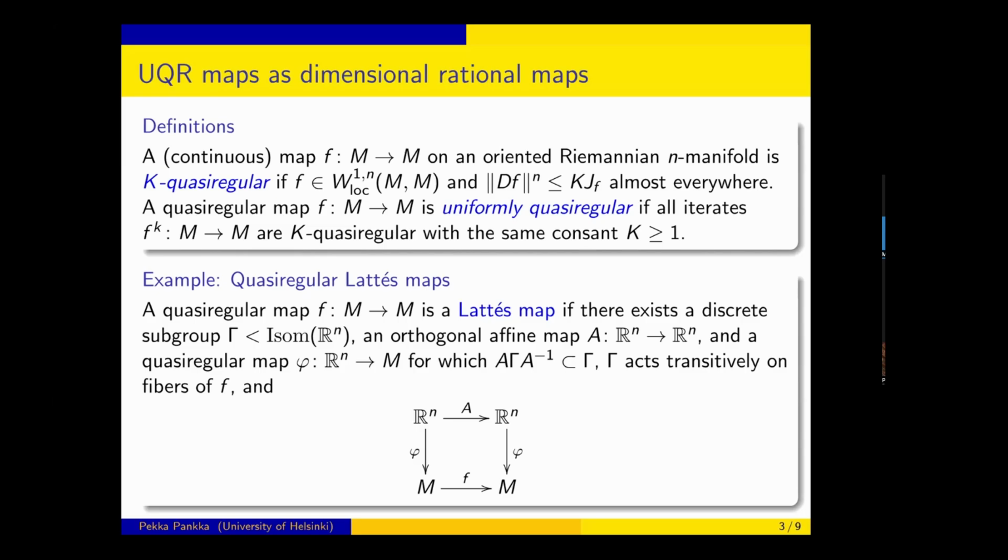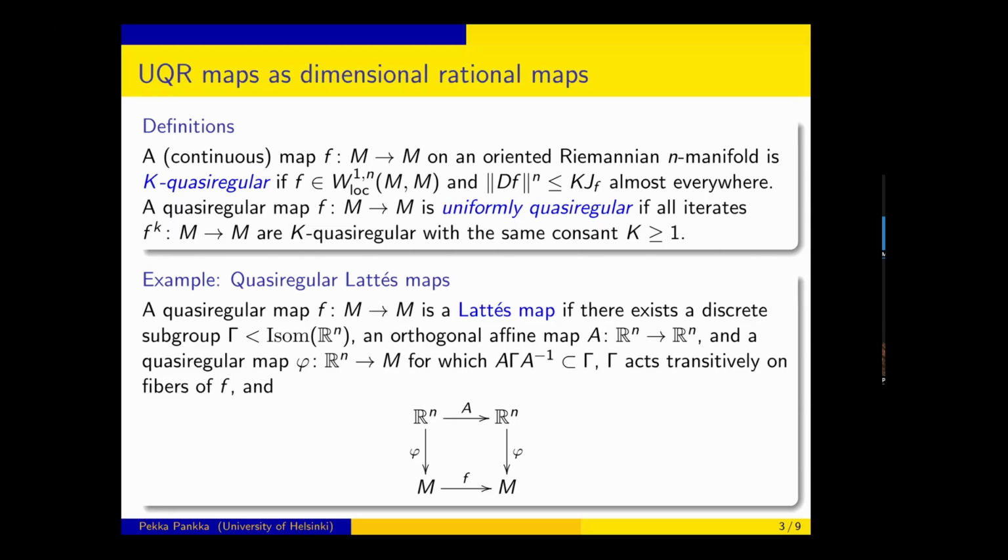You see that through the distortion inequality, where you compare the operator norm of the differential to the Jacobian of the map. That's a relaxation of conformality.